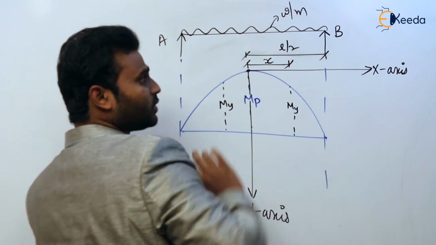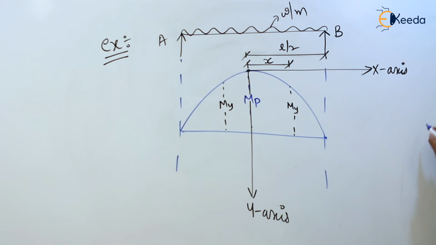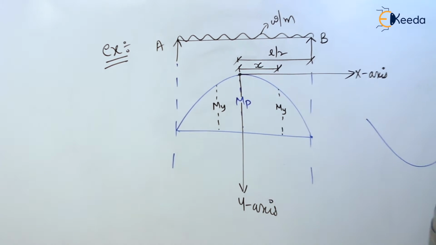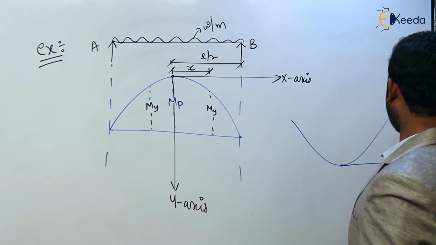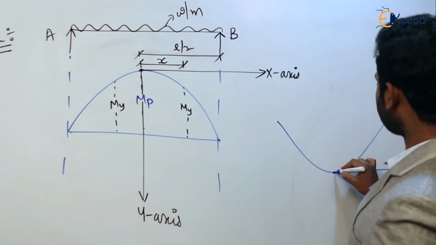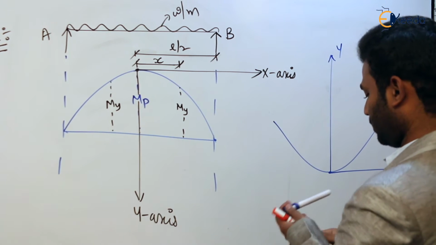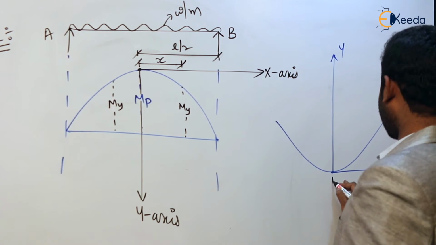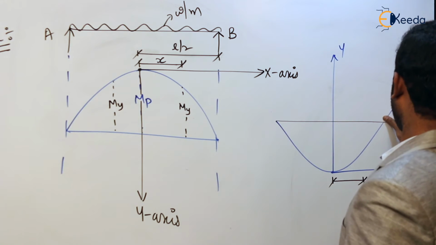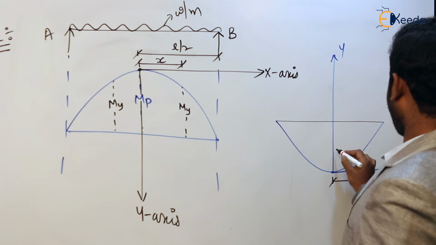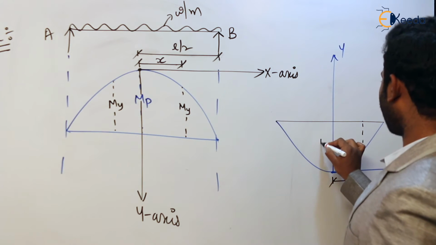Now we are considering the origin, so I am going to invert it so that you will understand much more clearly. This is the parabola we have considered, and this is point C. This is the x-axis and this is the y-axis. From here at a distance of x, the value is My and the total value is MP.